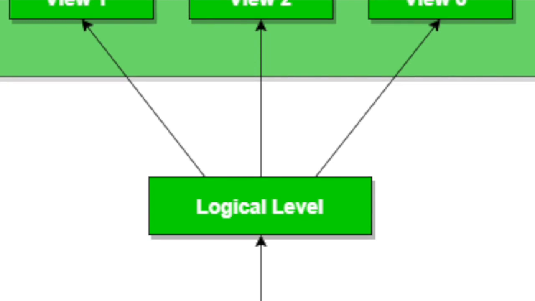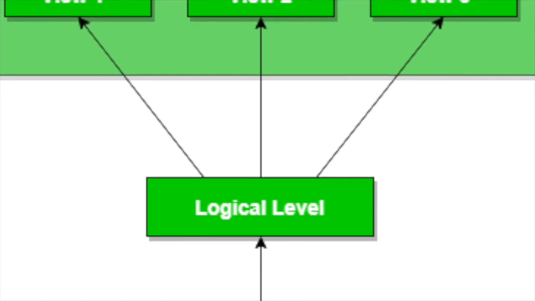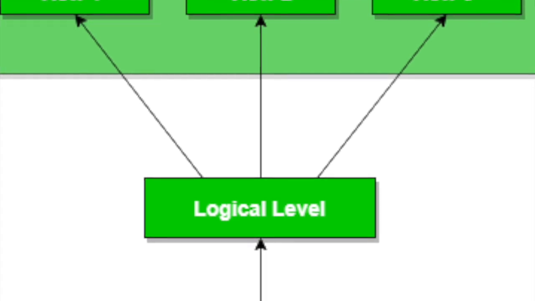And then also external or a view is the highest level of abstraction, and it is the part that is actually viewed by the users. This level does its best to be user friendly, and users can view the data in rows and columns, but storage and implementation details are hidden from them.